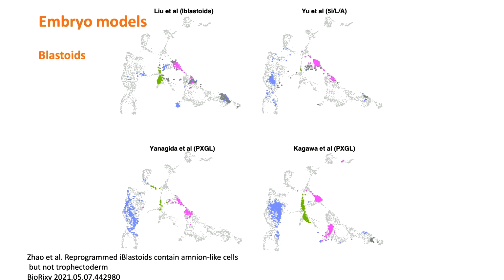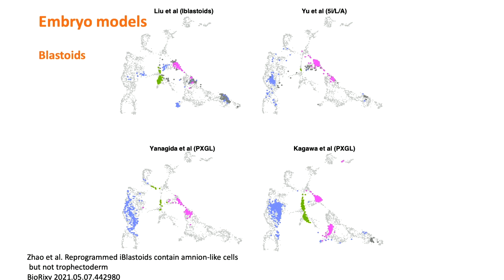In all cases, not much primitive endoderm in this one, but there is trophoblast, there is epiblast. Yanagida also, you see them going down 3 lineages. This one, which is the Li blastoids, you really don't see many cells mapping over the trophectoderm, and there's a big blob of what they annotated in the paper as trophectoderm that are actually mapping where the amnion maps.